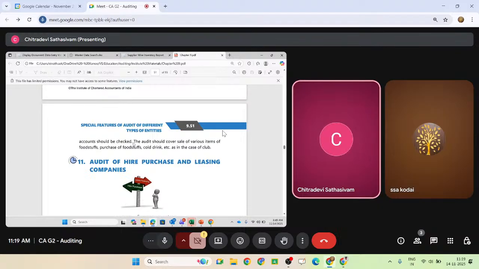Fourth, whether as per the installment the buyer is paying the money on time or not. If there is any default, whether any additional charges are collected and accounted.